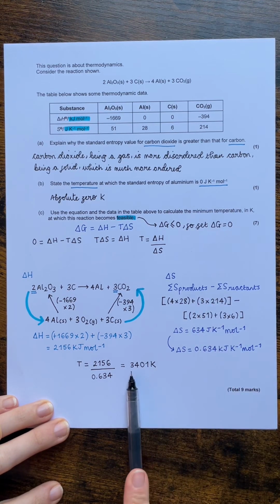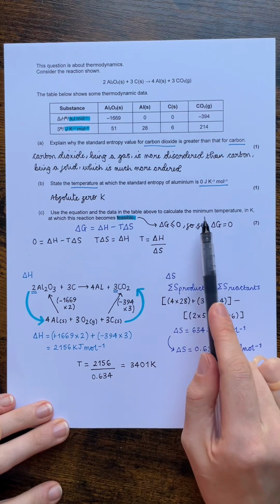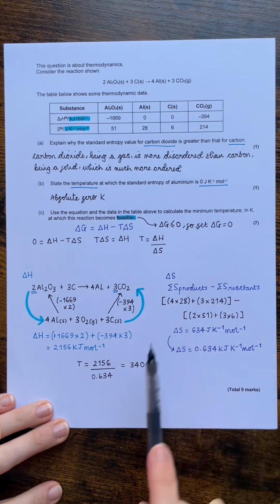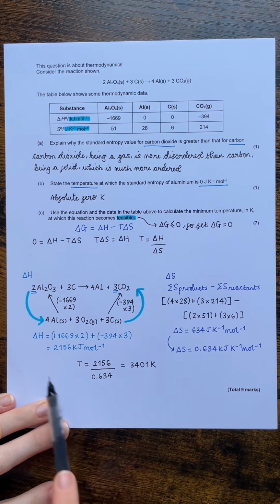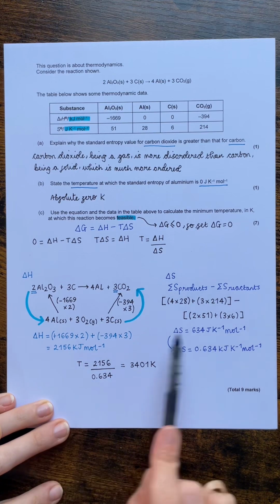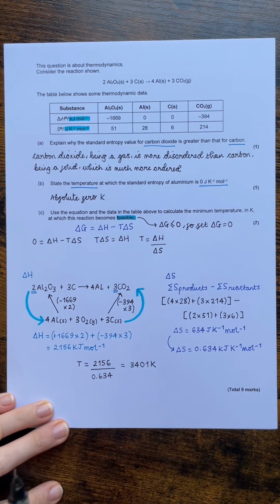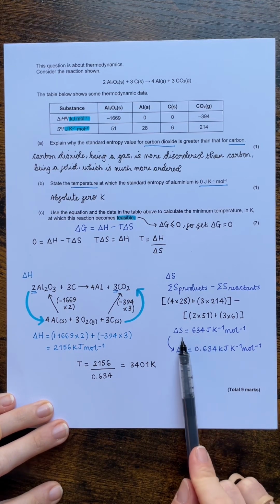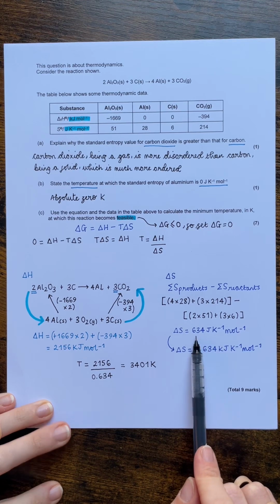If we made this higher than 3401, then we would get delta G to be negative, but we were asked for minimum temperature, which is always what you're going to get when you rearrange it like this for this kind of scenario.